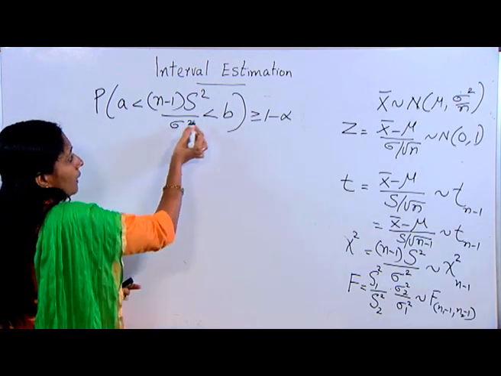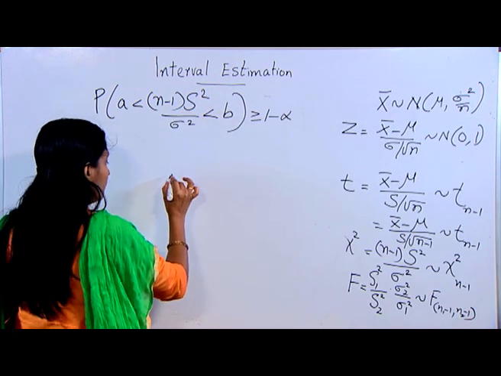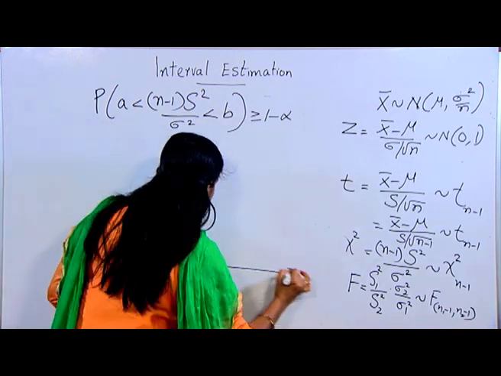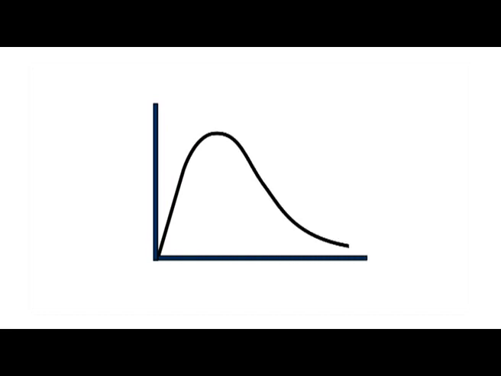Now, this follows the chi-square distribution. So, when you draw the graph of the chi-square distribution, if this point is chi-square n alpha, the area to the right of this point is alpha. But we need the points a and b such that the probability of a less than chi-square less than b is equal to 1 minus alpha.